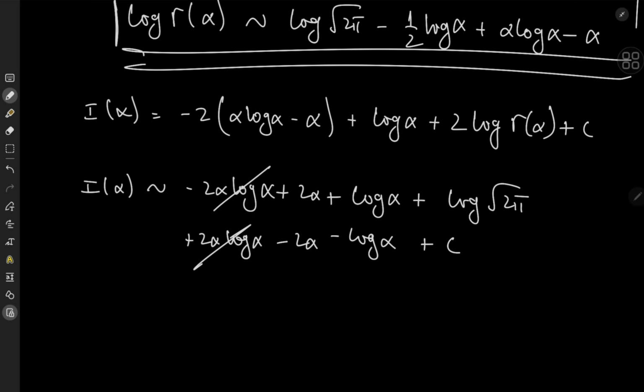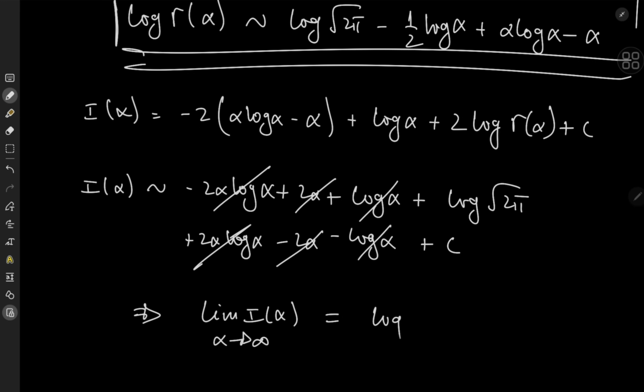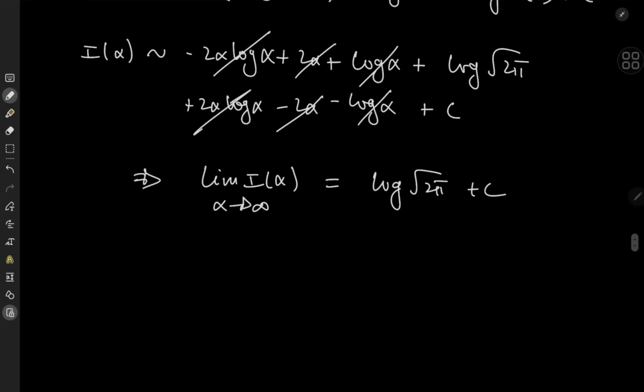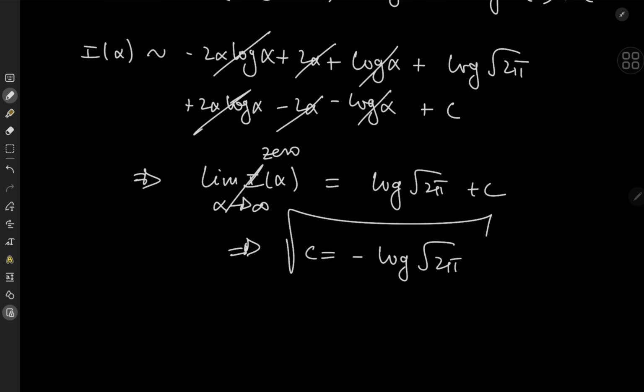So we have some wonderful cancellation taking place, which implies that the limit of I of alpha as alpha goes to infinity equals log root 2 pi plus c. But wait, we know that this thing is just 0, implying that c here equals negative log root 2 pi.